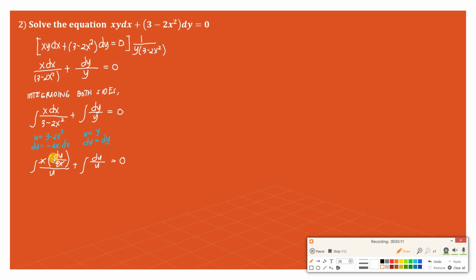So, yung negative 1/4, pwede ko nang ilabas. Mas matitira dito ay du over u, which is equals to ln of absolute value of u, where u is 3 minus 2x squared. So, may plus siya, no? Sa huli na natin lalagay. Plus, yung du over u na naman is ln absolute value of u, where u is y.